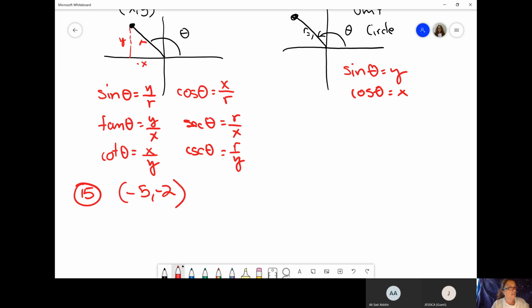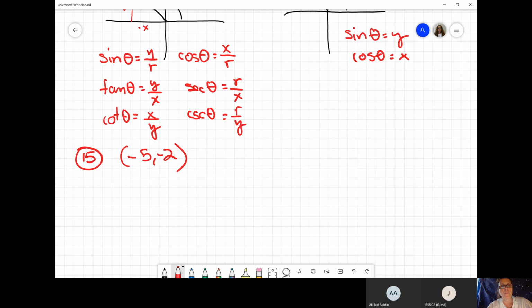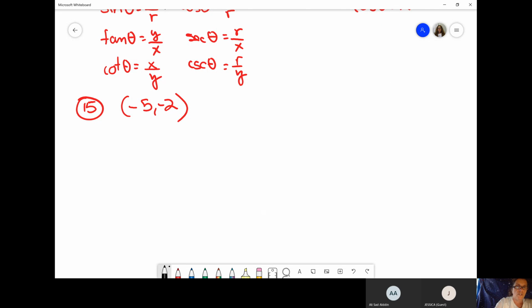I say that every single time I teach this class, draw a picture. So we're going to plot the point -5, -2. Know in which quadrant you are going to be. So in this case, we are in quadrant 3.